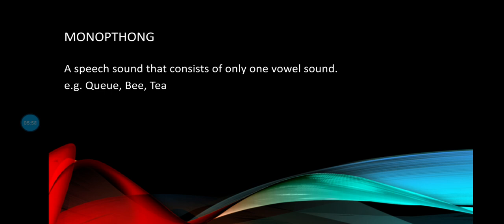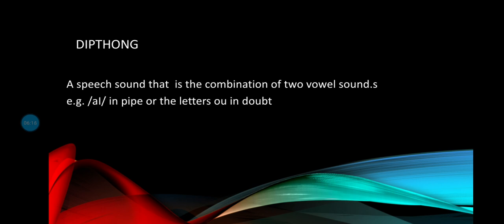Very first we have monophthong. Mono means single, so a speech sound that consists of only one vowel sound is known as a monophthong. Like we have Q, so here we pronounce only one letter, Q. B, T, so these are examples of monophthong. And then we have diphthong.